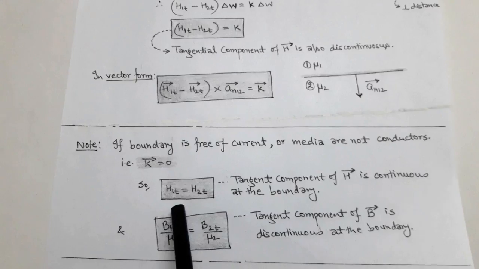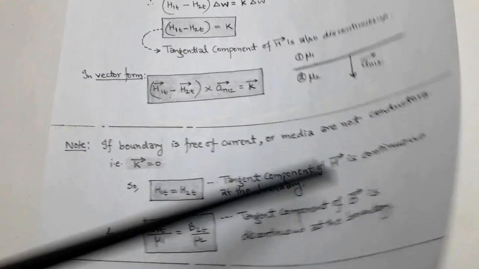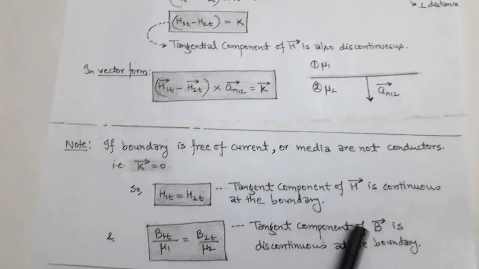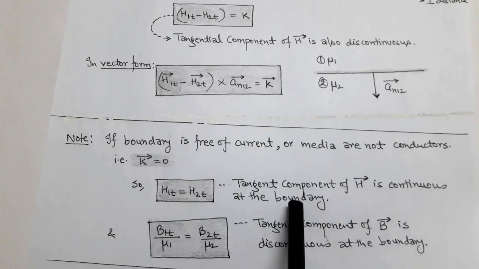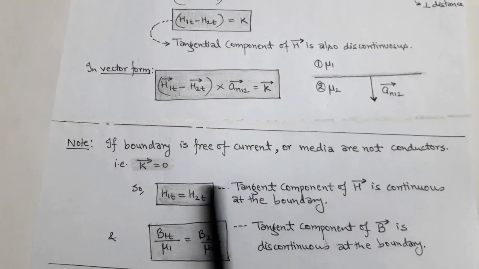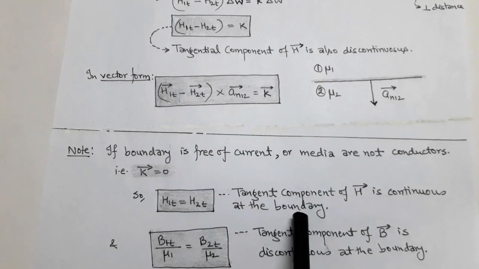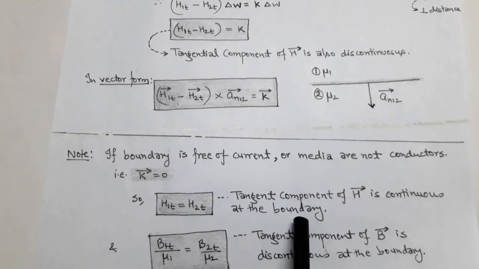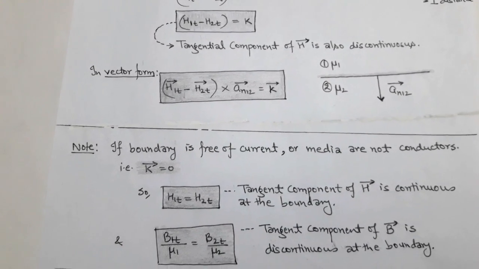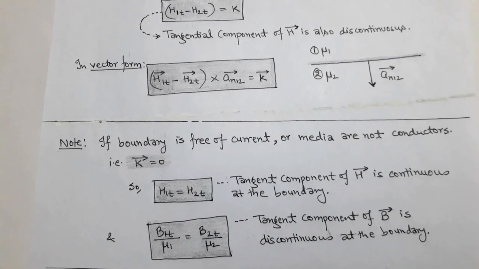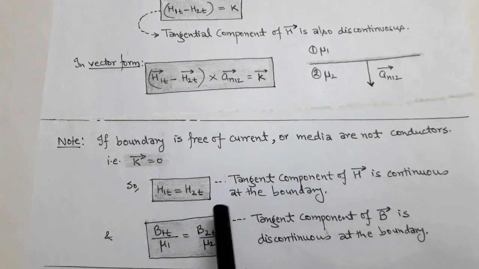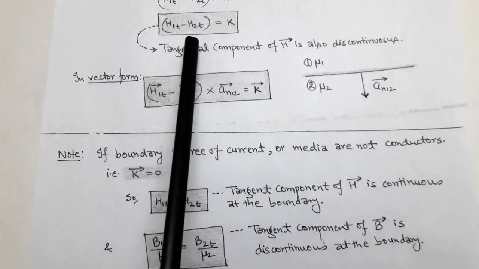So we observe that the tangential component of the H vector is continuous at the boundary when there is no current. When there is no surface current density at the boundary, we get a continuous boundary condition of magnetic field intensity H. That is, the tangential component of the H vector is continuous at the boundary.